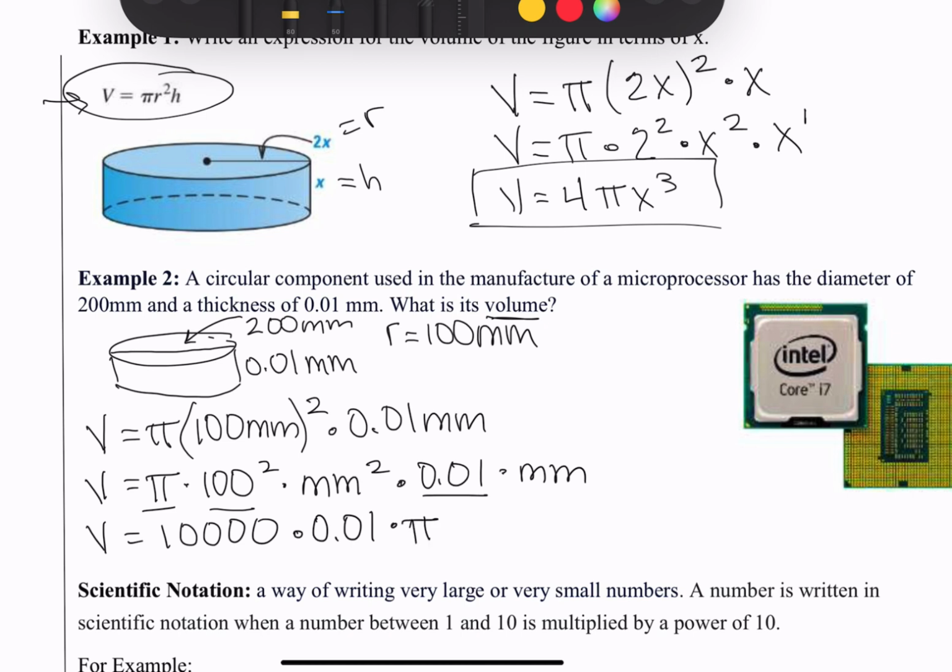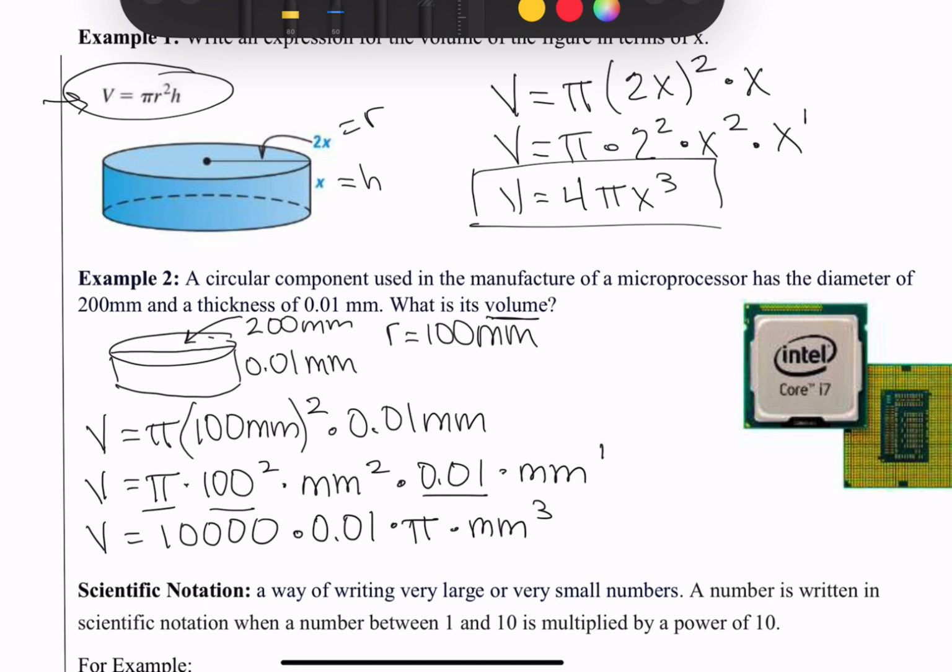Now let's talk about our millimeters. All right, so millimeters squared times millimeters to the first. Well, those are like units, and I've got squared and first, so I'm going to add those together because I'm using the product of powers property. So this is really millimeters cubed. Now, when all is said and done, this is 10,000 times 0.01.